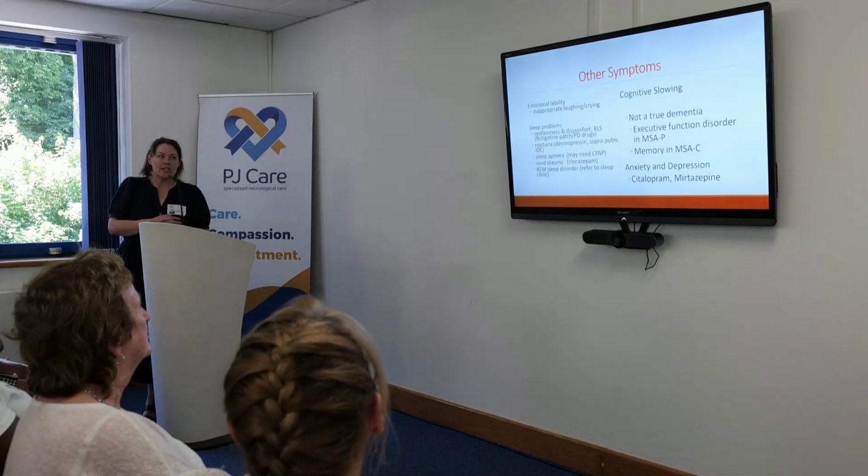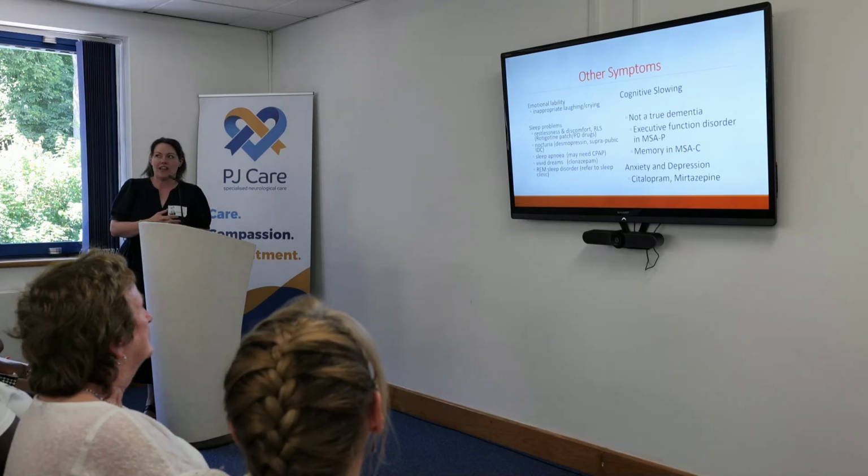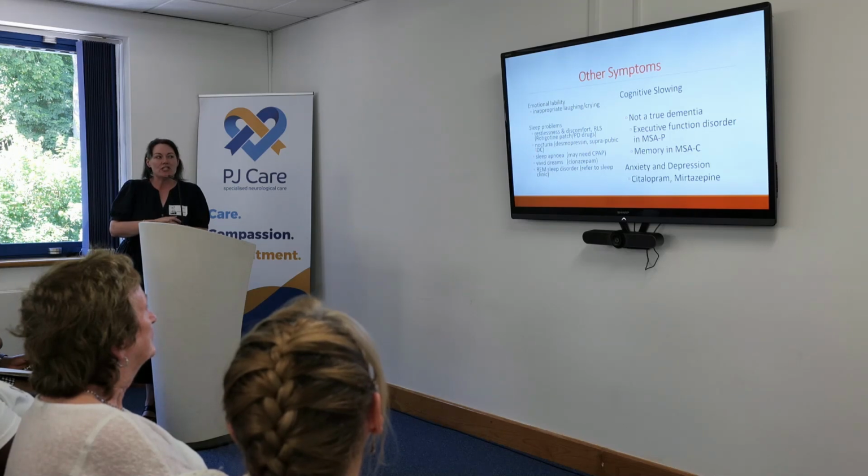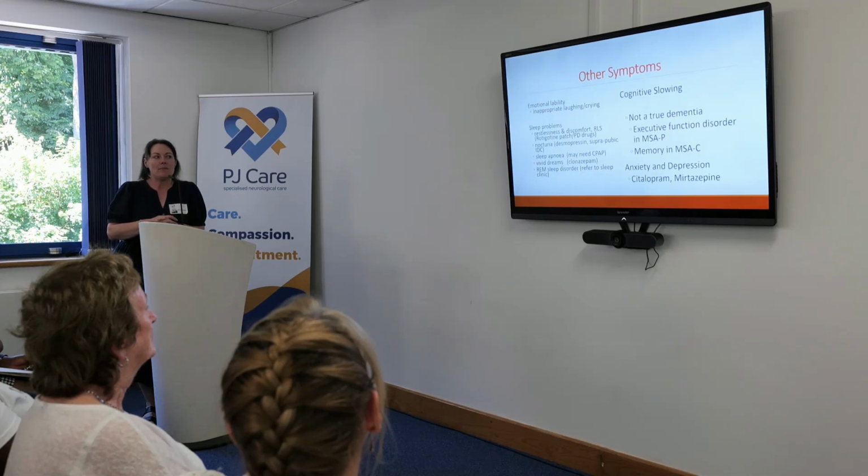In terms of cognition, we don't really see dementia in MSA, although actually I am seeing more people who are having more cognitive issues or getting two diagnoses at the same time, because it's hard to know exactly what's going on in the brain. But traditionally we say people with MSA don't get the frank memory problems you might expect, but we do see that people can have executive functioning disorder.